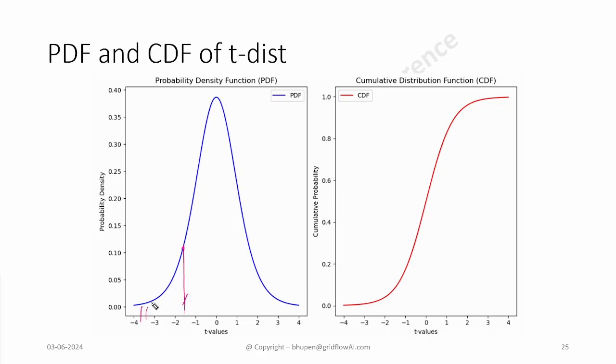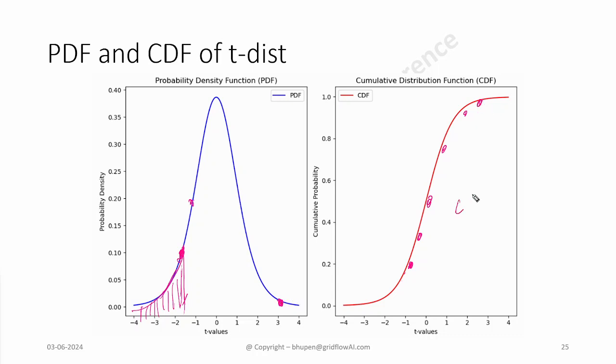The cumulative density function would be all of the PDF values accumulated at this point, and that point would be maybe somewhere here. Likewise for another point on this side, this will be the cumulative, and finally this point probably would be here.